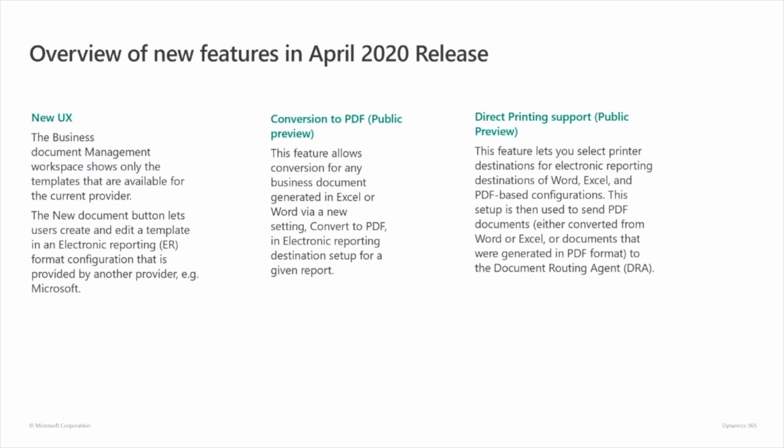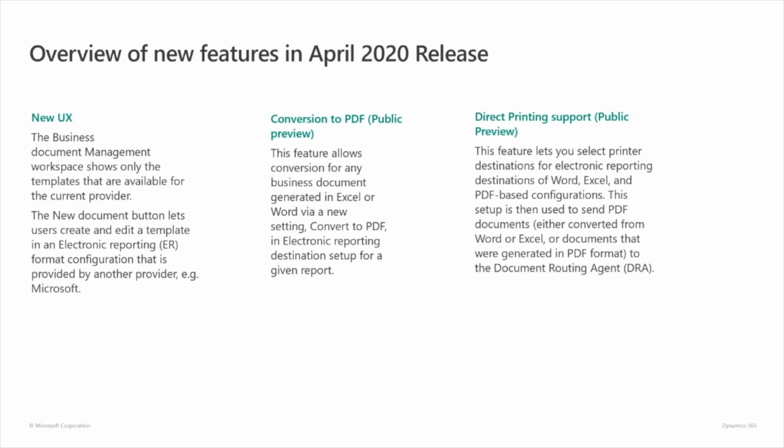Then the most requested feature, which we release as a public preview in the April release, is conversion to PDF. It allows you on the fly to convert an Excel or Word document, which you configure in business documents, to be saved as PDF and sent to email or just shown as a file on screen.